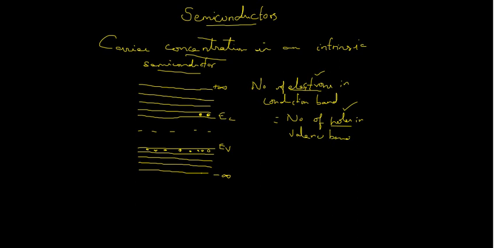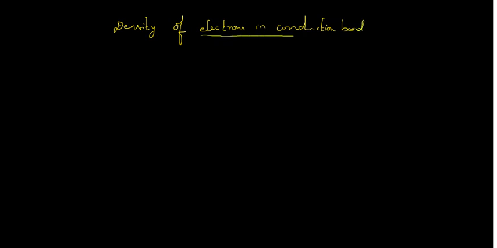So we should calculate the density of electrons in the conduction band. So first let us find the density of electrons in the conduction band.